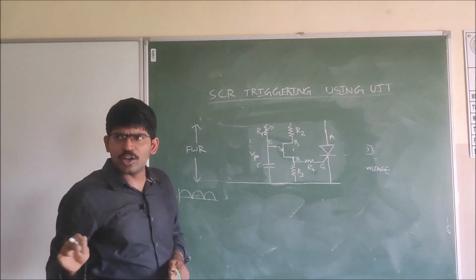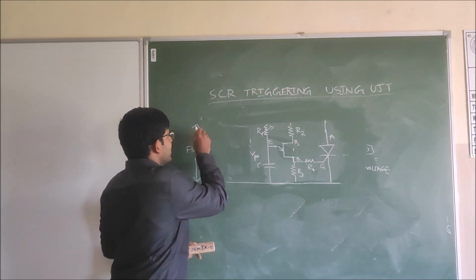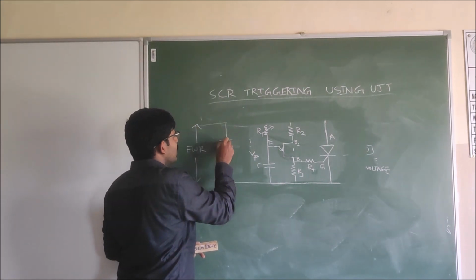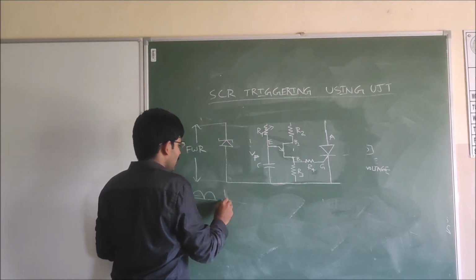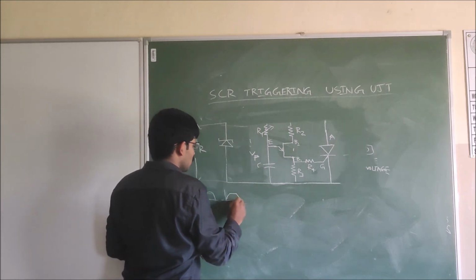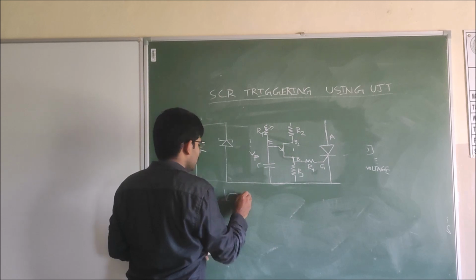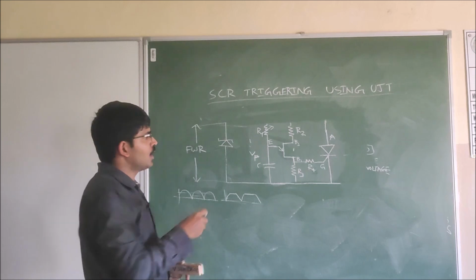In this full wave rectified output, I want to remove the extra voltage. That's why I am connecting it to a zener regulator, a zener diode. So the zener diode removes the extra voltages, and we will get flat top voltages. This is the output from the zener diode.